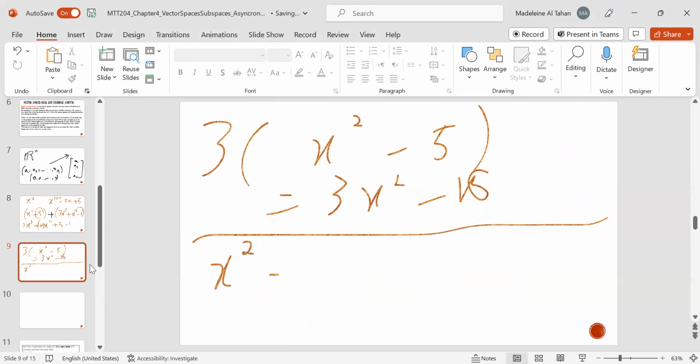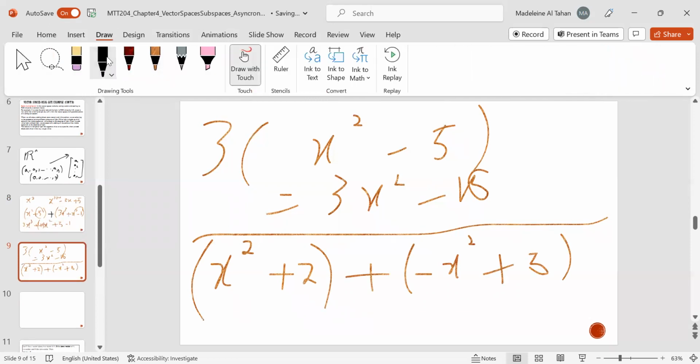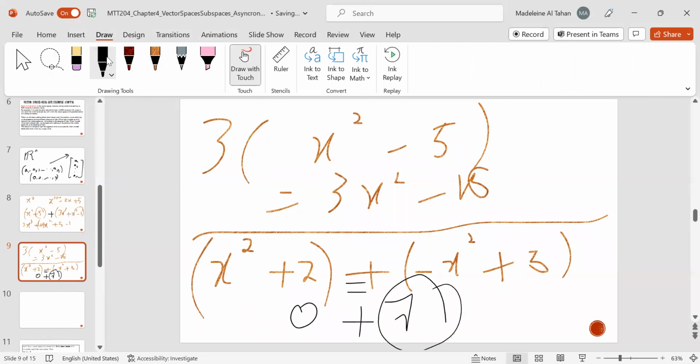So let's take this example: x squared plus 2, plus minus x squared plus 5. Let's try to add these two polynomials. What will we get? x squared minus x squared is 0, plus 7, right? This is our answer. Is it a polynomial of degree 2? It's not, right?